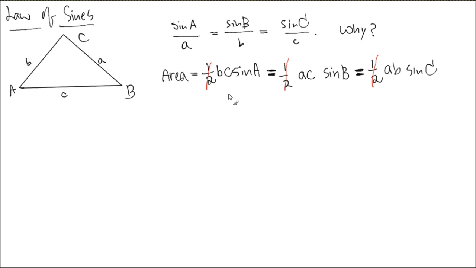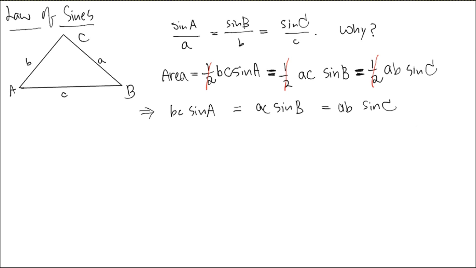So we just have to do something so that we get a, b, and c in the denominator. Let me write it down like this: BC sine A is equal to AC sine B is equal to AB sine C. After you knock down that common factor 1/2, this is what we get, right?